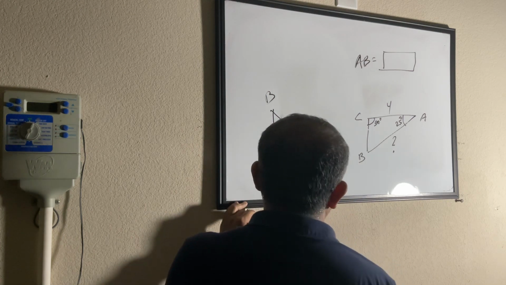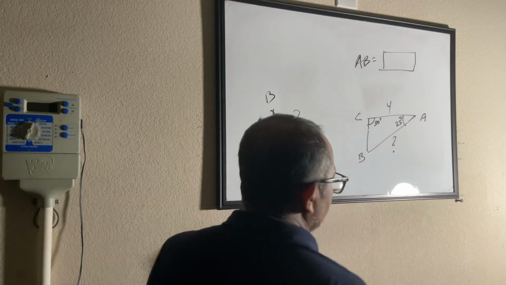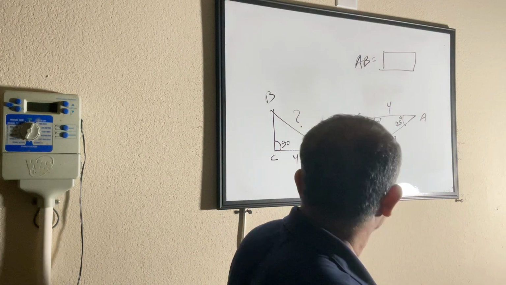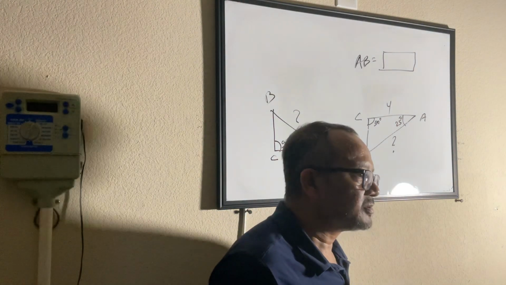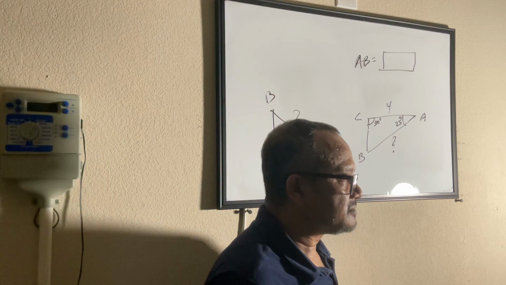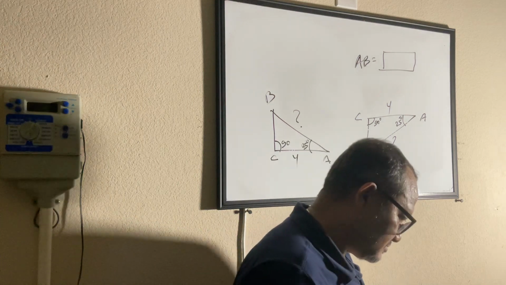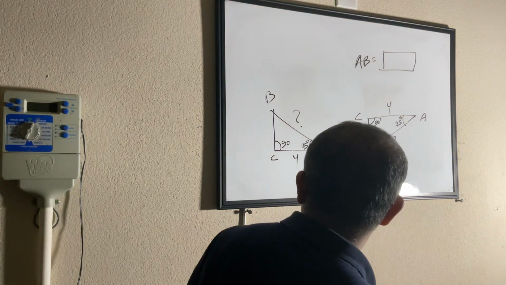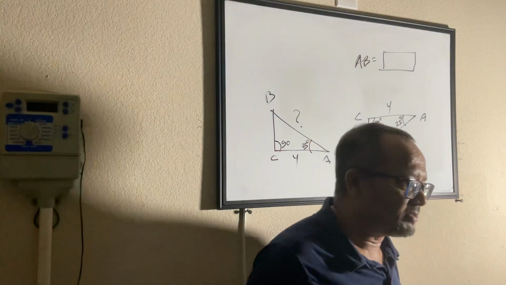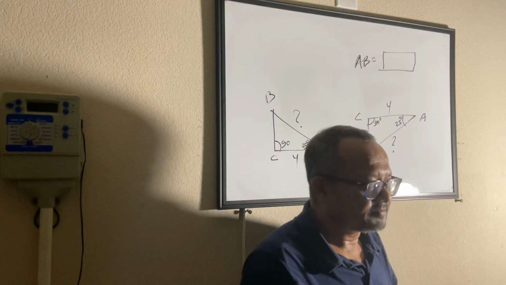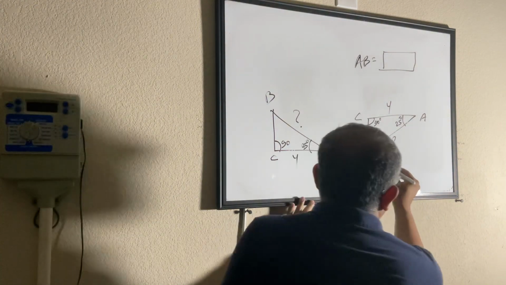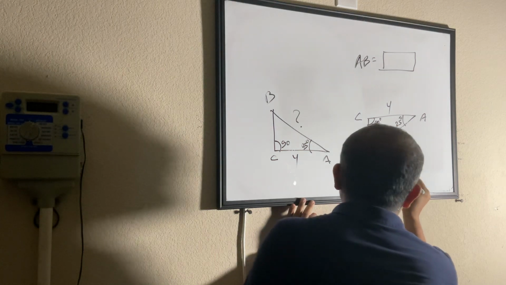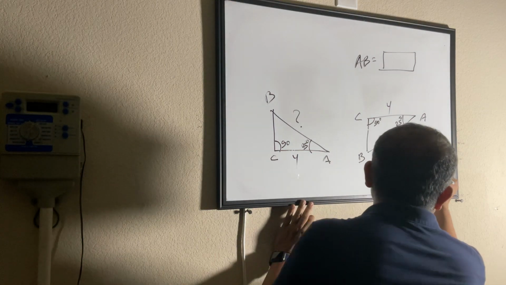Is this what is given? Is this what you're trying to find out? Yep, and then you use cos of 25, and then you have 4 by a question mark. 4 by something that you want to find out will be equal to cos of 25 degrees.